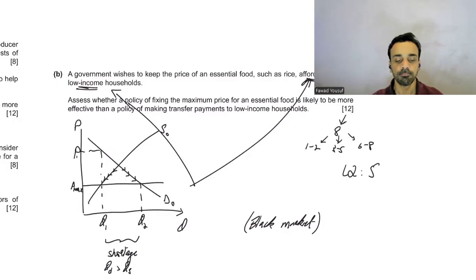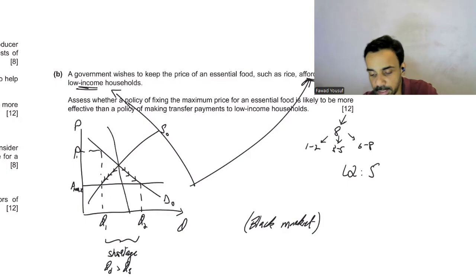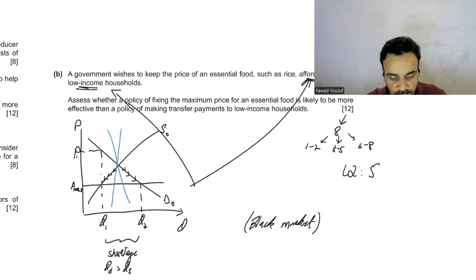However, essential foods के अंदर inelastic डिमांड होती है और inelastic सप्लाई होती है। तो ये जो शॉर्टेज का प्रॉब्लम है, ये इतना बड़ा नहीं वैसे तो। Theory is saying that. I'm not saying that, but the theory is saying जब demand and supply curves are inelastic, then the shortage is not so much.